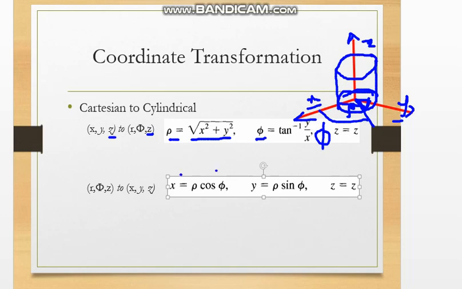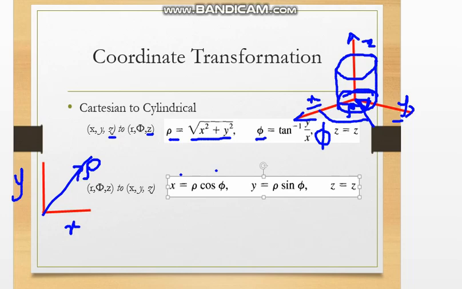Then you can similarly get the other point, that if you find out x, that is rho, just look at the point in that portion like this. That is x, and that is y, and that is the rho.